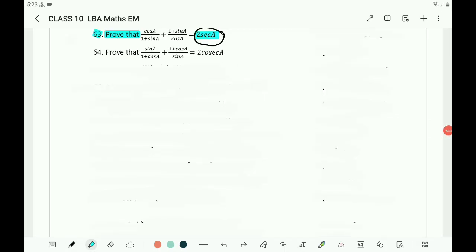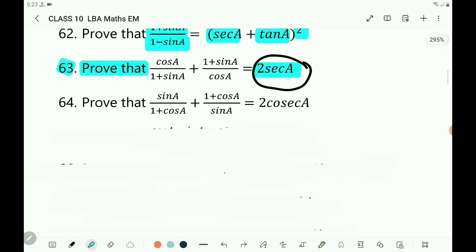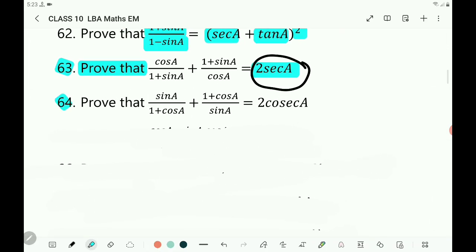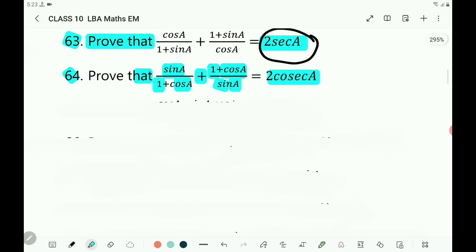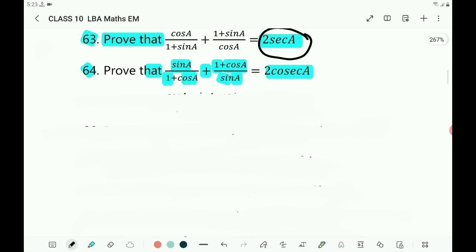Now you take the question number 64. What is that question? Prove that sin A by (1 plus cos A) plus (1 plus cos A) by sin A is equals to 2 cosec A. It is same as question number 63. Method is same here. Now you write the LHS.